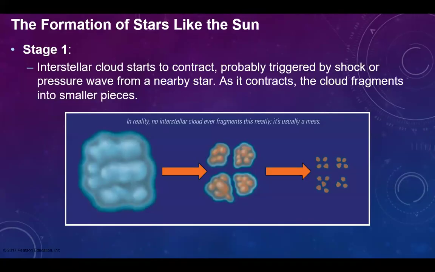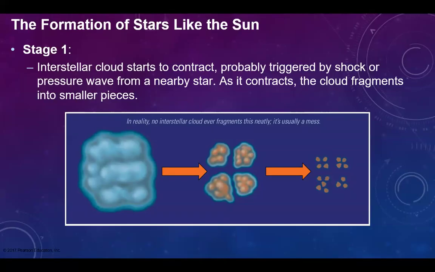So you start with a big cloud, it starts to contract, triggered by something like maybe a shock wave from a nearby supernova, a pressure wave from a nearby star. And as it contracts, bits will get denser than other bits, and this cloud will fragment into smaller pieces.